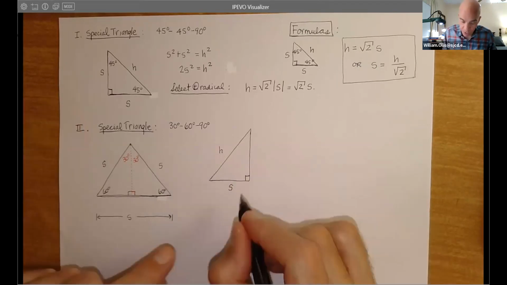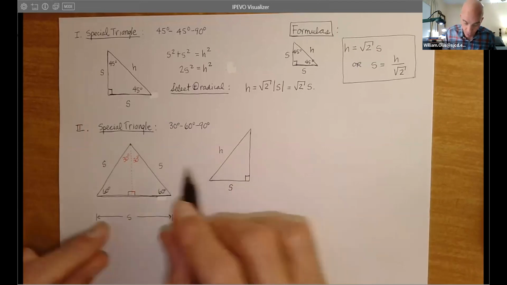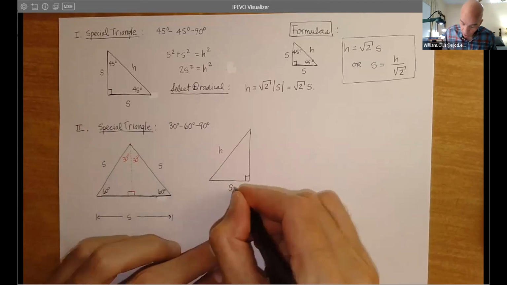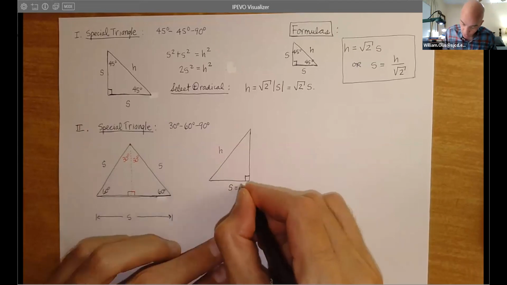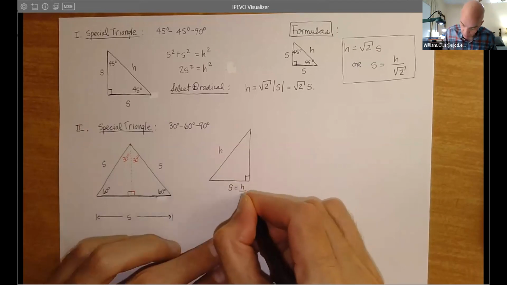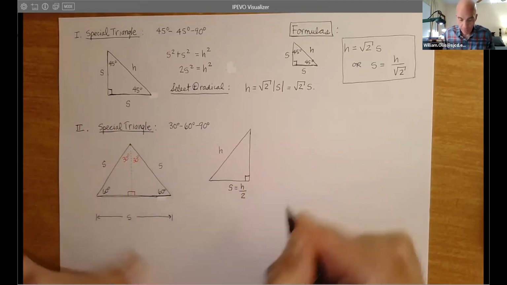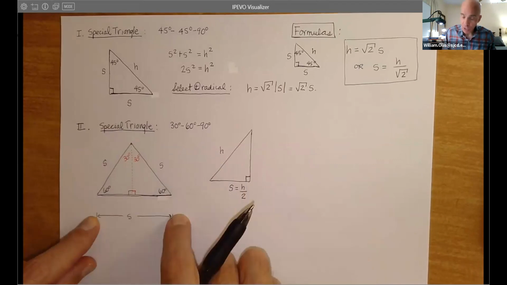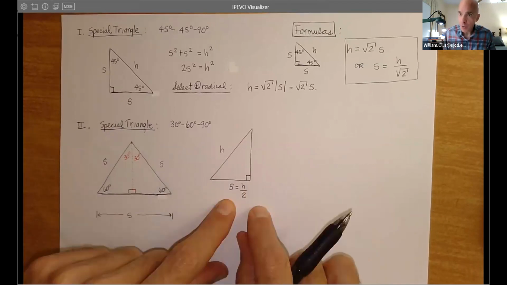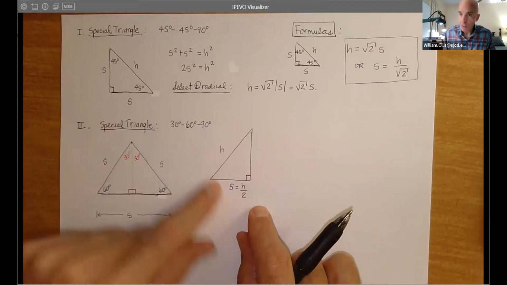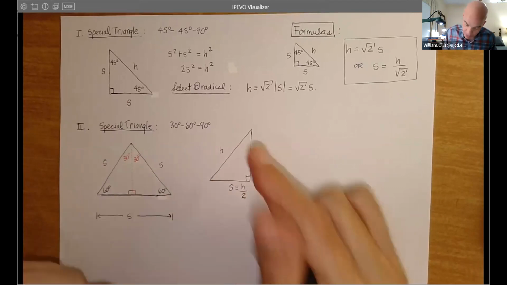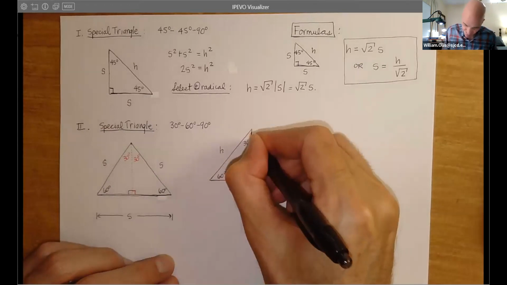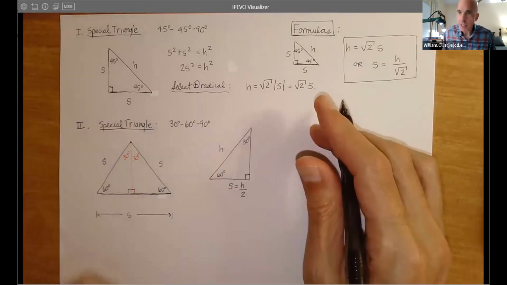But now what we're seeing here is that when we do the perpendicular bisector, this is really already for free H over 2. So when you drop the perpendicular bisector, you just divide this by 2. So the shorter side for free is already the hypotenuse divided by 2, as long as this is the 60-degree angle and this is the 30-degree angle. Just taking this piece and moving over here.